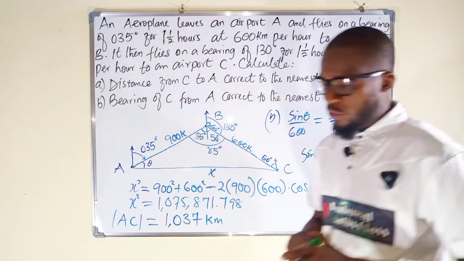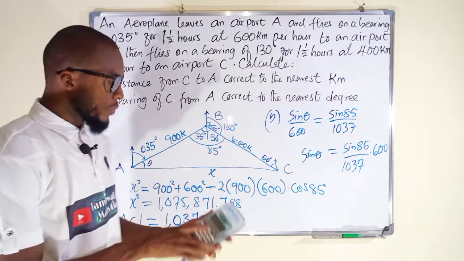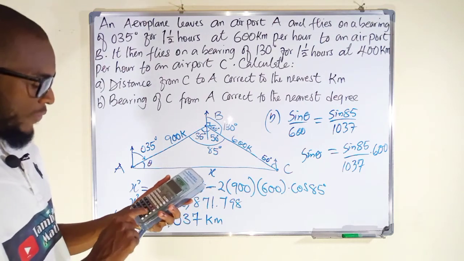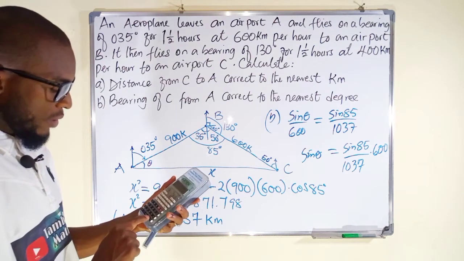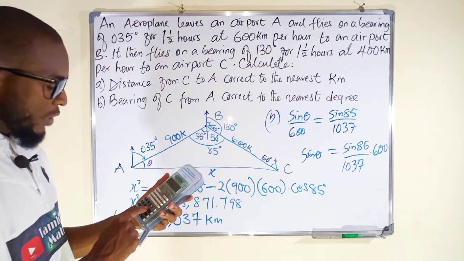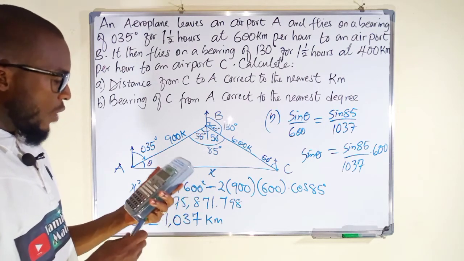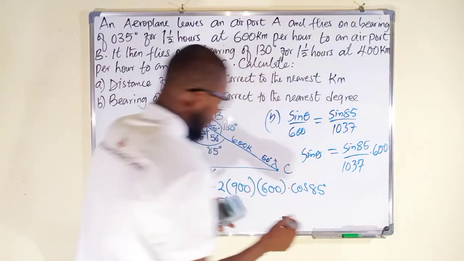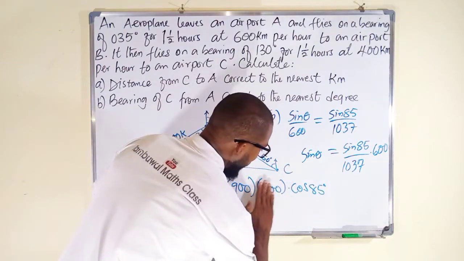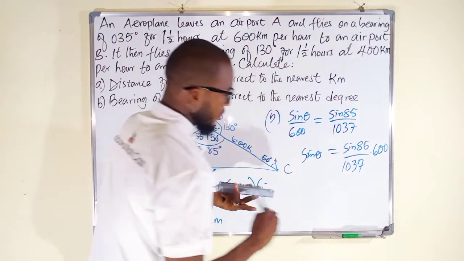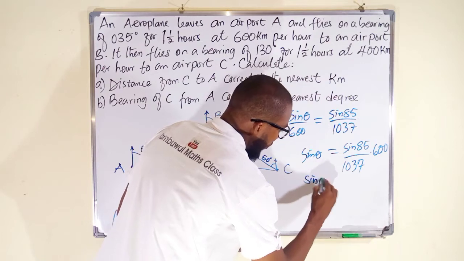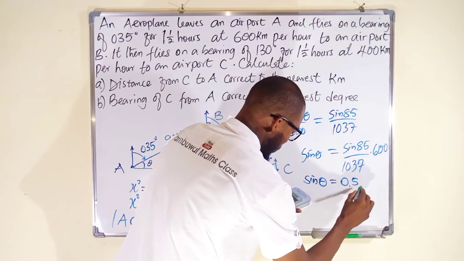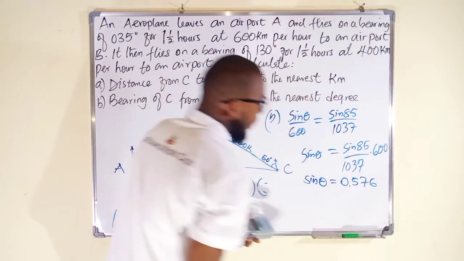Now let me use my calculator. We have sine 85 divided by 1037. Whatever we obtain, we multiply it with 600. And we have 0.576. Permit me to clean this side, please. So sine theta will be equal to 0.576 approximately.